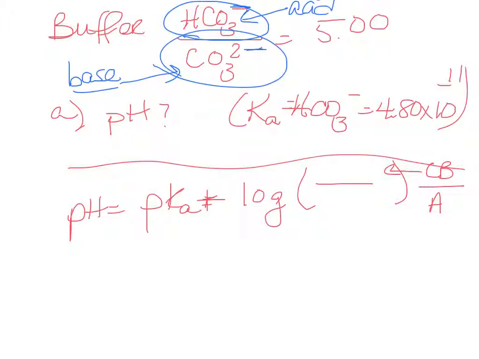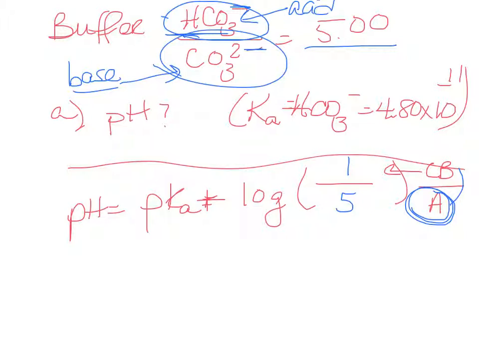So the ratio they've given you of 5 is upside down from what it should be in the Henderson-Hasselbalch. Henderson-Hasselbalch says the acid should be in the bottom. Here it's in the top. If you don't catch that, you're going to mess yourself up. So instead of a 5-to-1 ratio, we need to flip it upside down to 1-to-5.